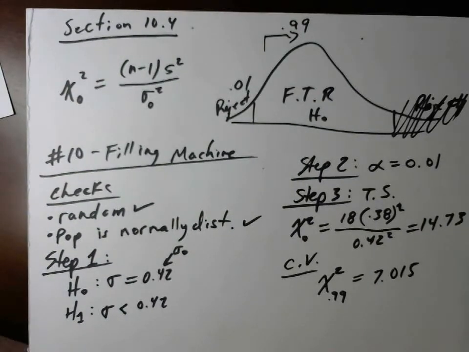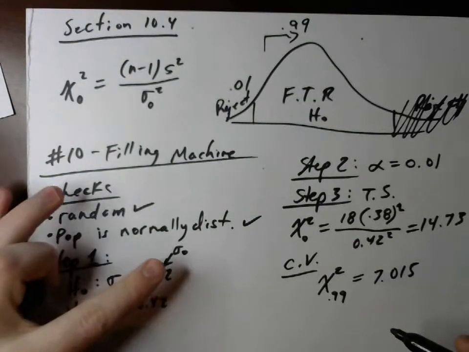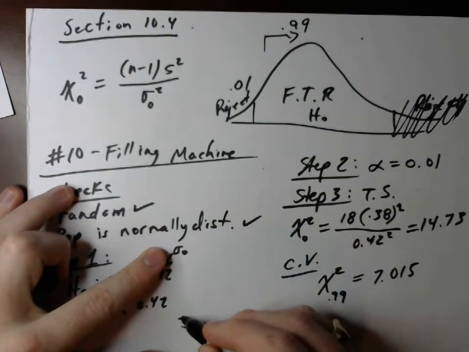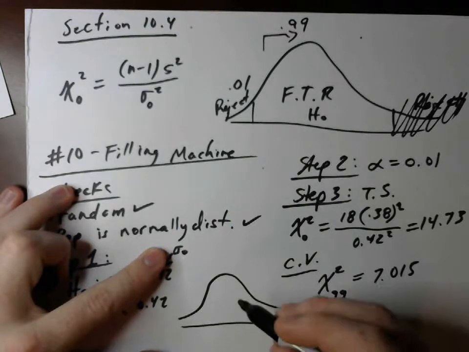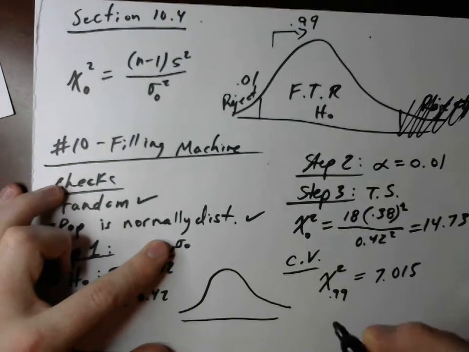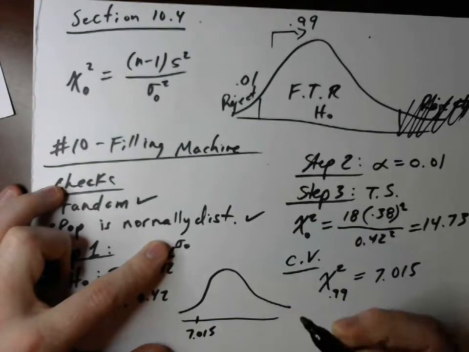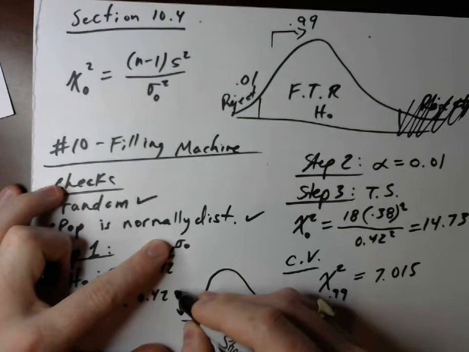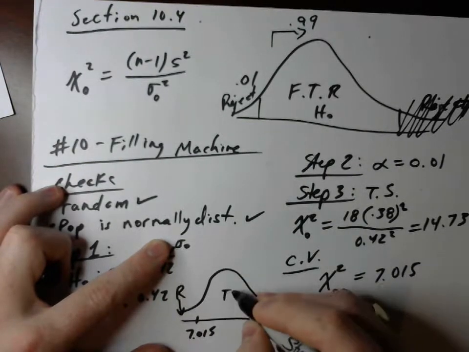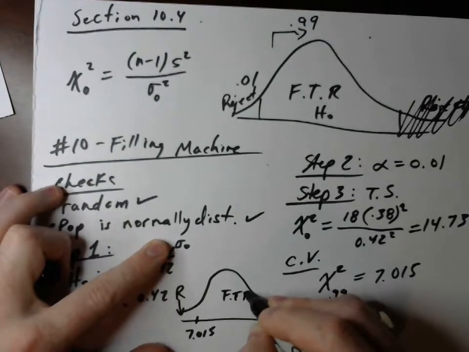And since we're doing a left tail test, let me just draw a fresh picture right here. As you can see, the critical value is 7.015, and the rejection region is over here. That's the rejection region, and this is the fail to reject region.